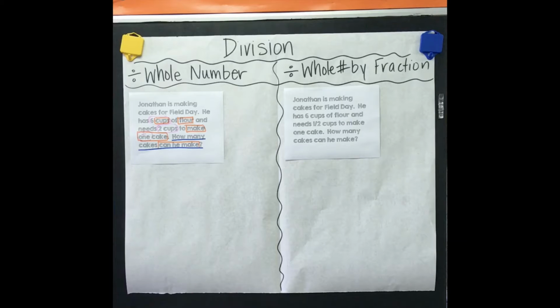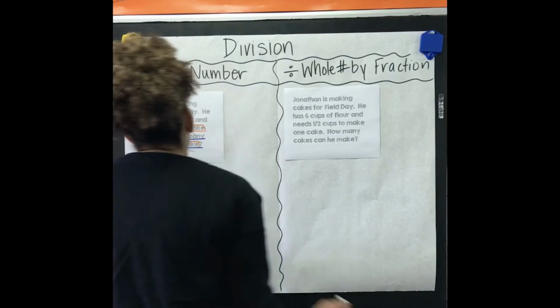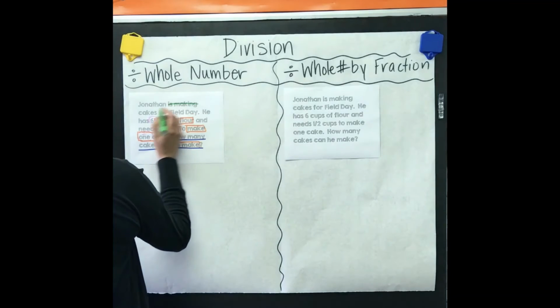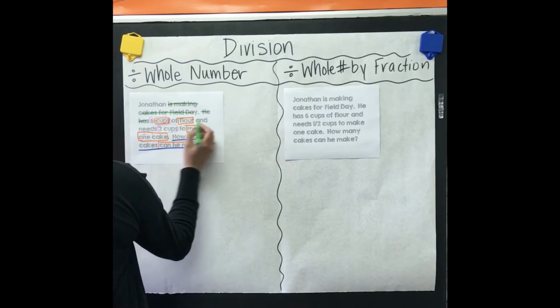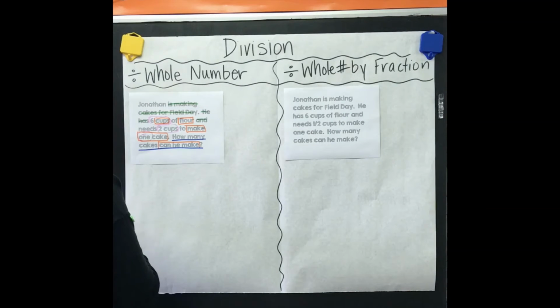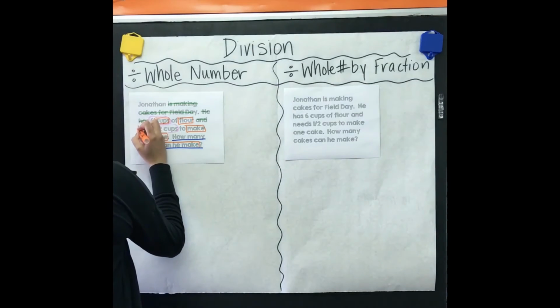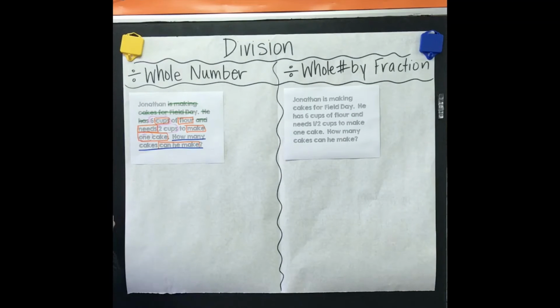We're going to E, eliminate and evaluate, so we can get rid of cakes for field day and he, and I think needs might be an important word. Then we evaluate. How are we going to solve this problem? I already told you we're doing division, but what are we dividing?